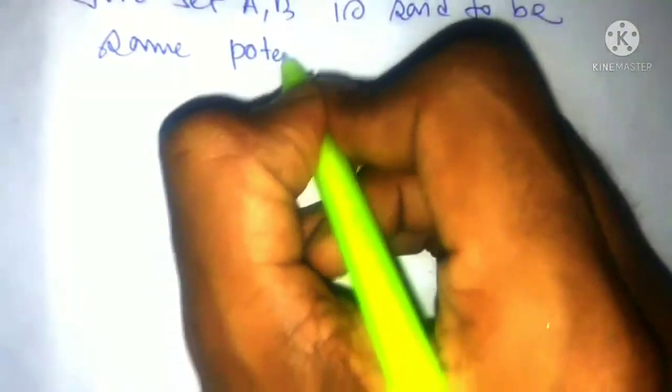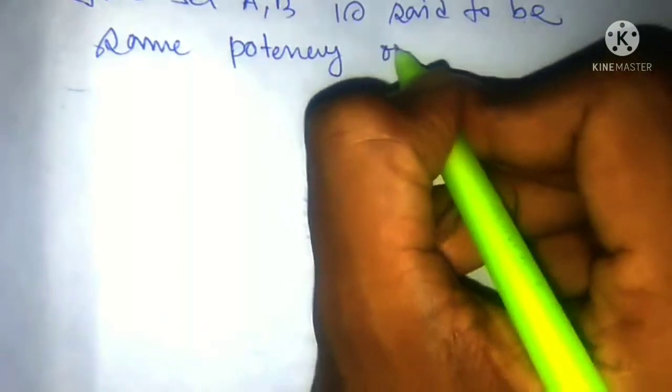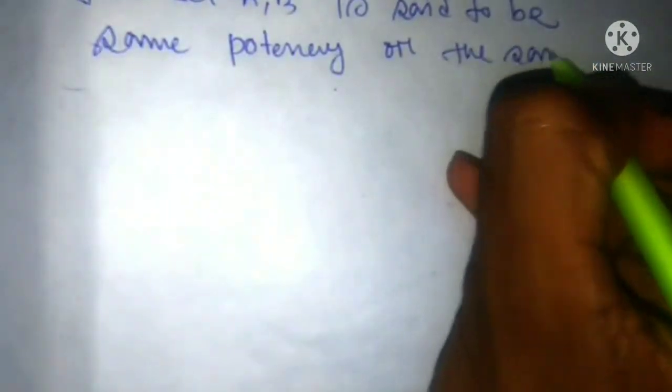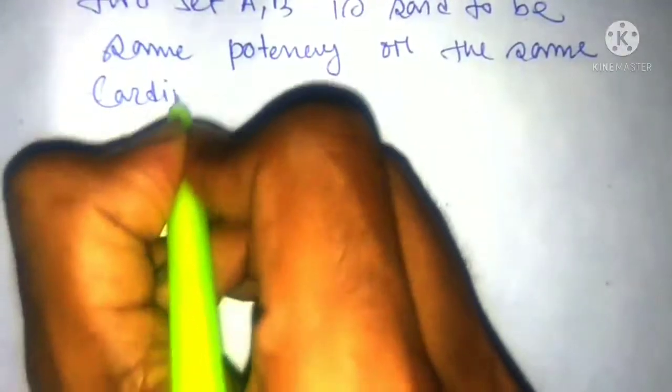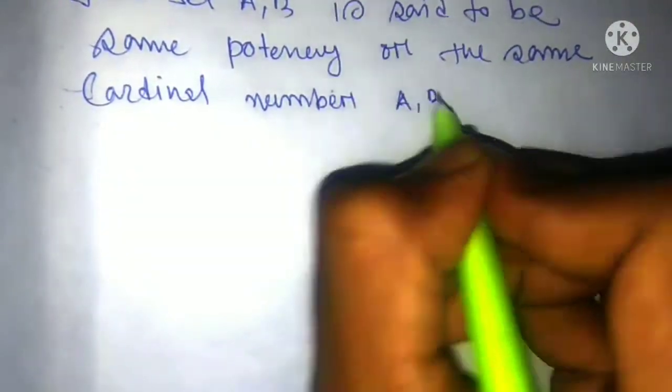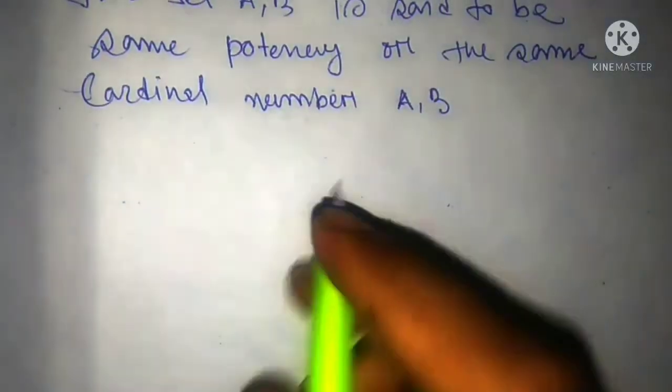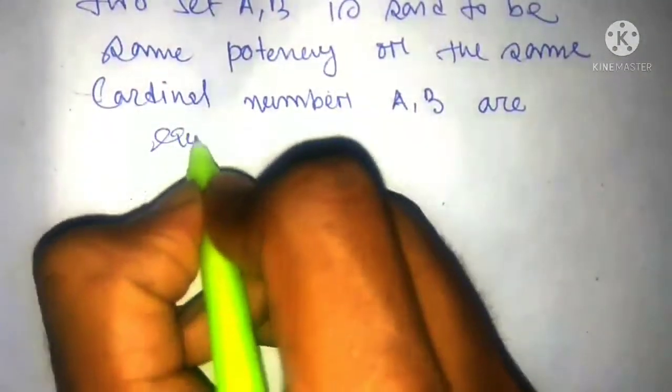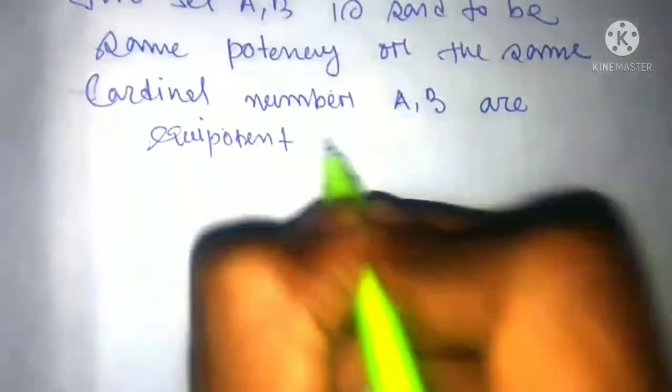Okay. Two sets A, B are said to have the same potency or the same cardinal number if A and B are equipotent sets.